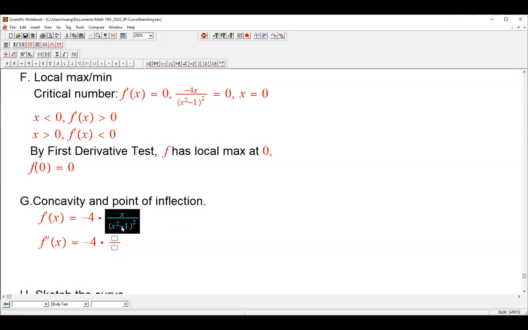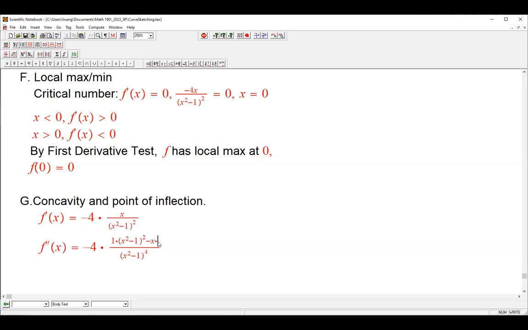Okay, so the quotient rule again. The denominator is going to be squared again, so this is going to be power 4. Derivative of x is 1 times the denominator. Subtracting, we keep the numerator and take the derivative of the denominator.